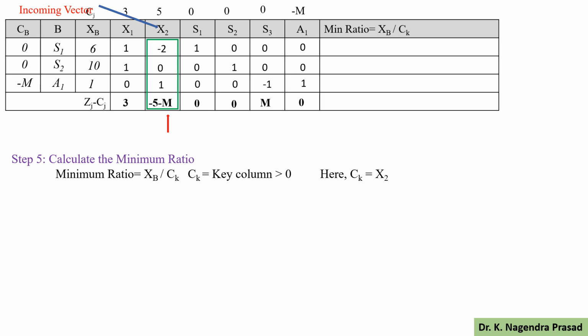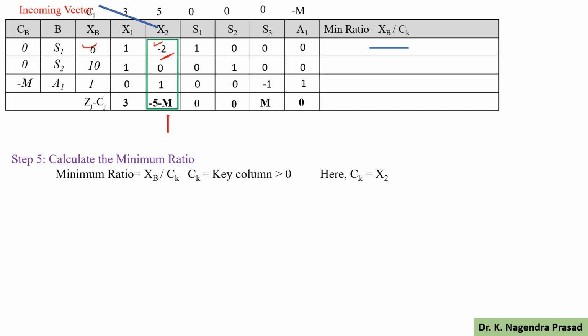So first for the S1 variable row, the xb value is 6 and the ck value is minus 2. So ck is negative, and we do not calculate xb divided by ck for the first row.